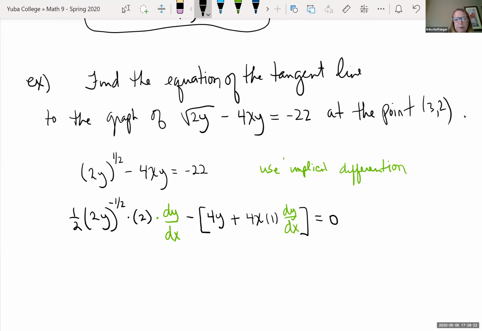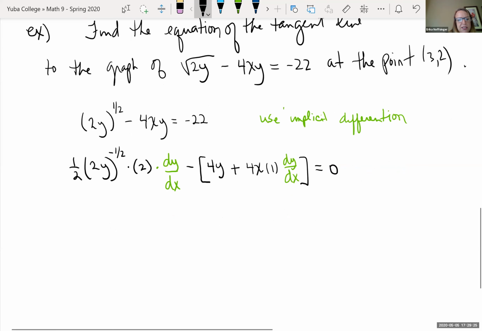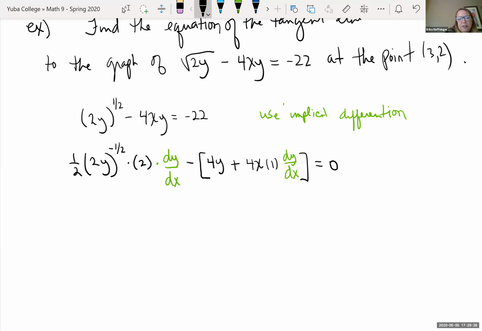Okay, so I'm going to clean this up a little bit. So notice that on my first term, I have a 2 in my numerator over here and a 2 in my denominator. I do not cancel that 2 inside of the parentheses because it's raised to a power. So we can't cancel that, but we can cancel this 2 here with this 2 here. And then I'm going to rewrite 2y to the negative 1/2 power. This is the same thing as 1 over, make this exponent positive, 2y to the 1/2, which is the same thing as 1 over the square root of 2y, dy/dx.